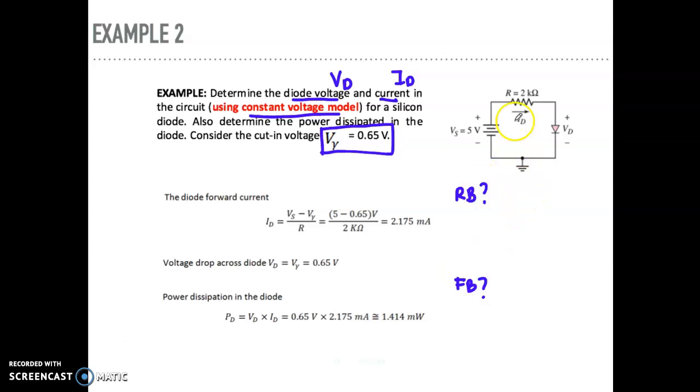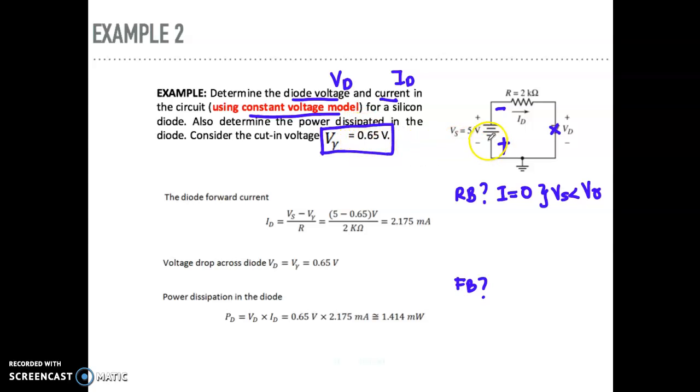During reverse bias, you put minus plus here. The diode will be off, an open circuit, so you have no current at reverse bias. The condition for reverse bias is when your Vs is less than V gamma.